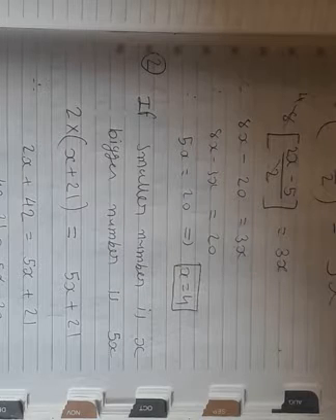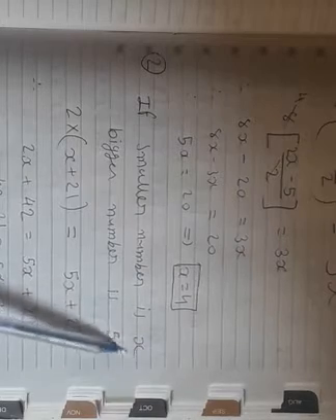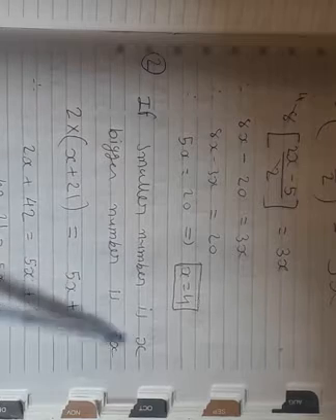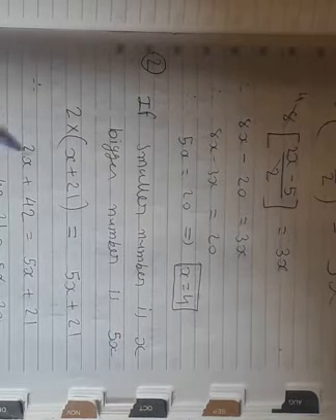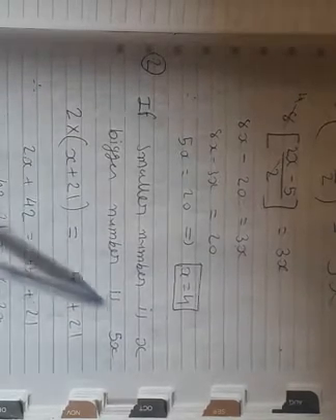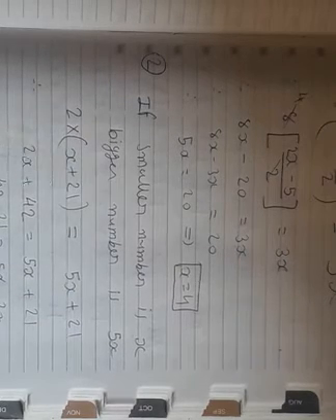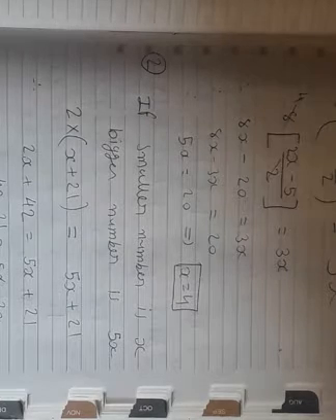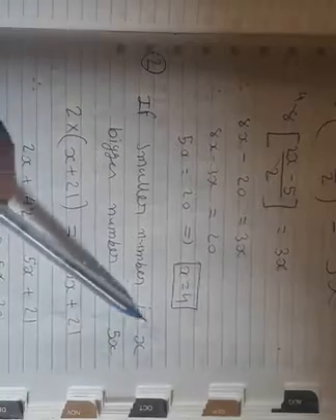Now what they have said is that if we add 21 to both, so if I add 21 to x, it becomes x plus 21. If I add 21 here, it becomes 5x plus 21. By adding 21 to both the numbers, we have these two new numbers. Then one number is twice the other.